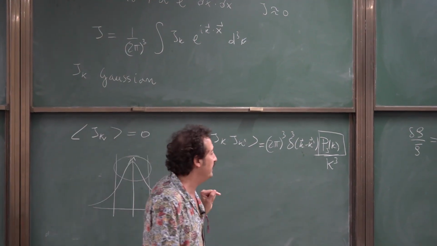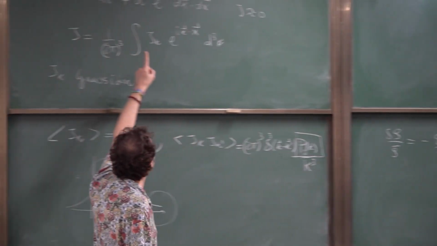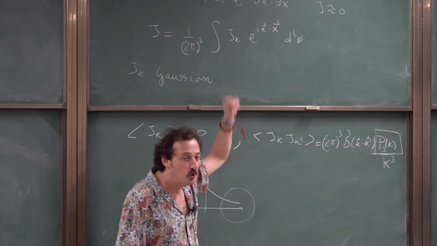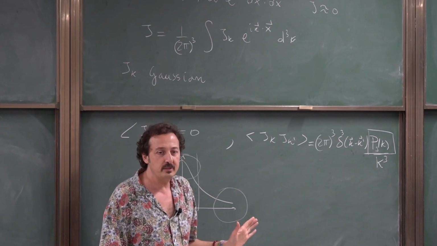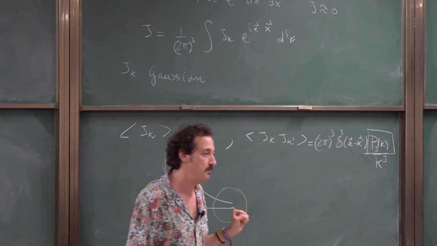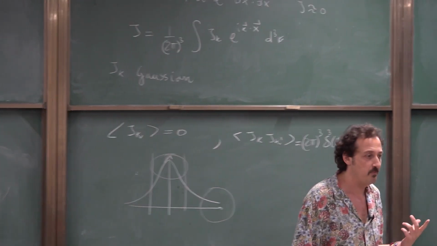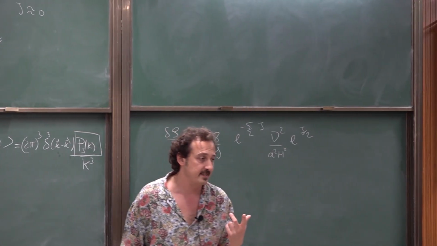Here we are doing something different. Here, what we are doing is an expansion in small wave number, because we are at super horizon scale, but we don't say anything on the amplitude. Obviously we want to have a large amplitude for our over density.